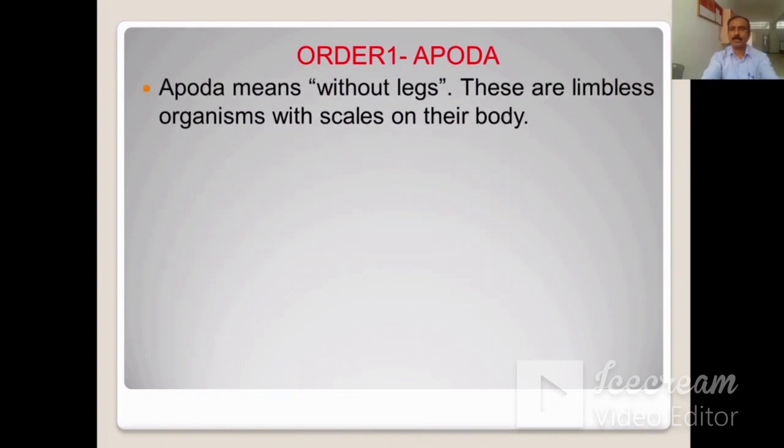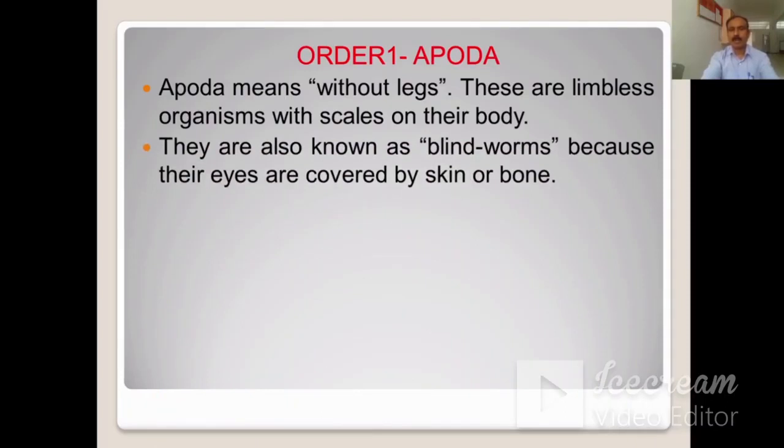Apoda means without legs. These are limbless organisms with scales on their body. So legs are absent in these animals. That's why they are called limbless.